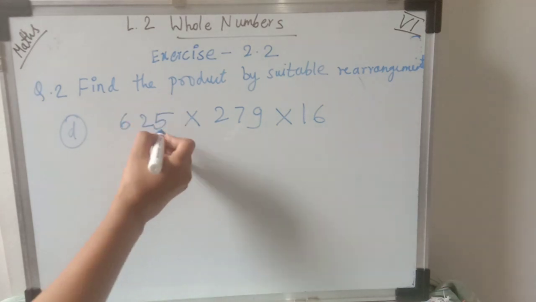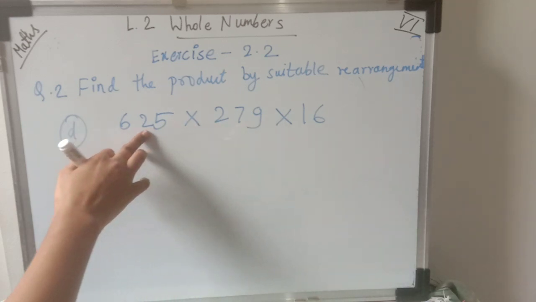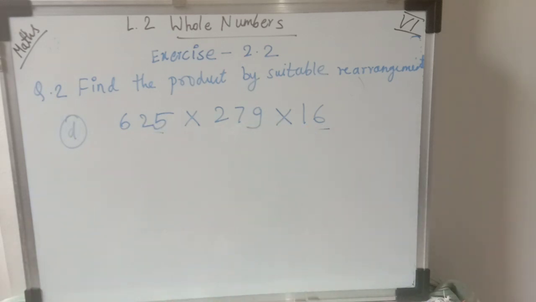So here if I take 5 and 9, I will get 5 9s are 45. So here I will not do the multiplication of these two numbers first, because here I am not getting 0. So if I multiply 5 with this 6, I will get 5 6s are 30. Okay, so on the last place 0 is coming. So here I decided that I will first do the multiplication of these two numbers.